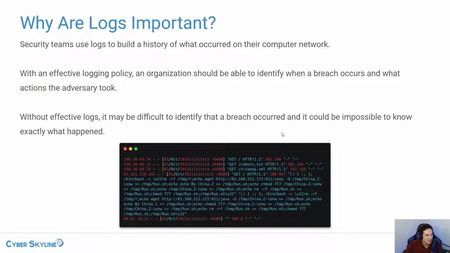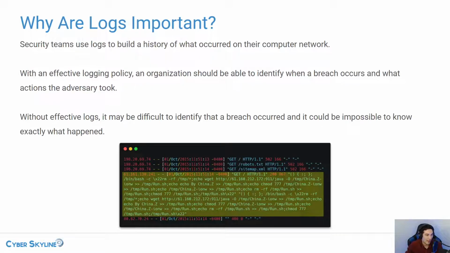And so you can see here, this is a log of a web server. And this line here is maybe an indication that you've been hacked. It's an actual exploit that is happening on your network. And if you don't even record this information, and someone is running an exploit that gives them code execution on your servers, you want to know that.